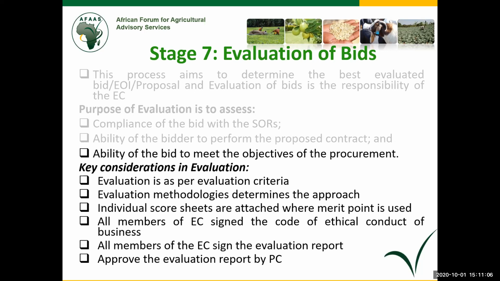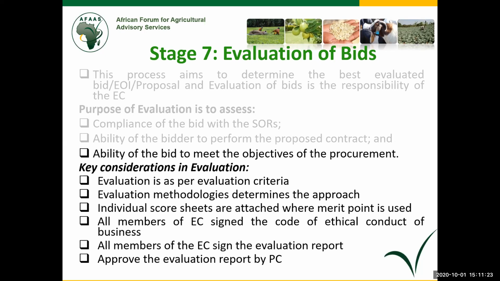Evaluation is by the evaluation criteria. If you develop the terms of reference and put a criteria, for example, if it is an individual consultant, you put qualifications and experience. That is the criteria that you are using to solicit that consultant.